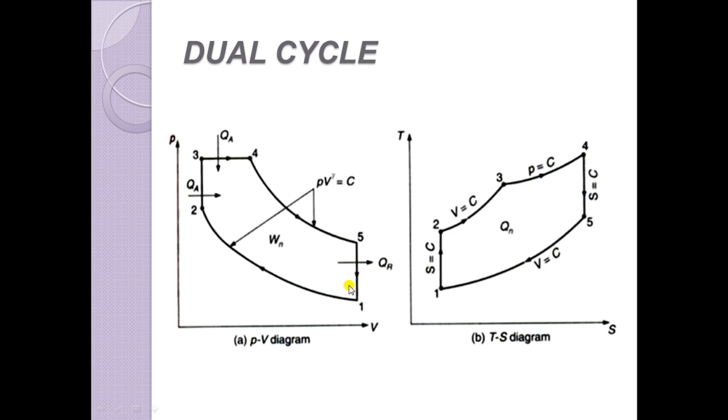Here, the piston is firmly locked at position 5, maintaining volume constant, and heat is rejected to a heat sink. The same processes can also be represented on the TS diagram as 1 to 2 isentropic, 2 to 3 constant volume heat addition, 3 to 4 constant pressure heat addition, 4 to 5 isentropic expansion, and 5 to 1 constant volume heat rejection.